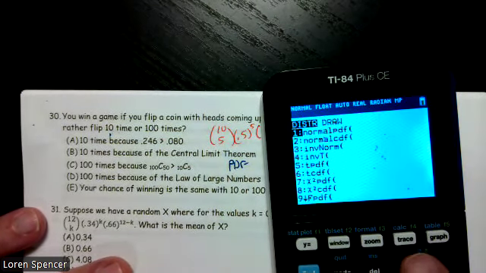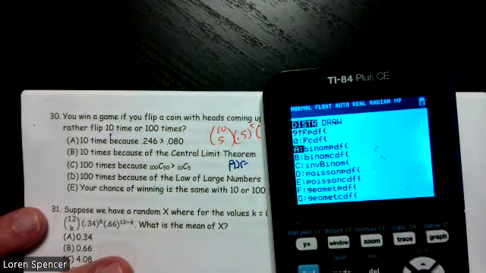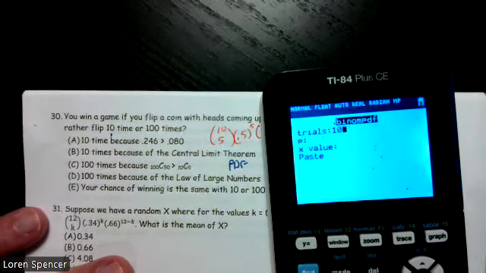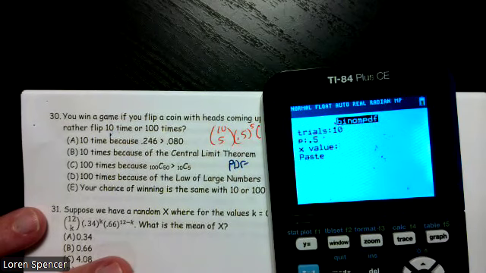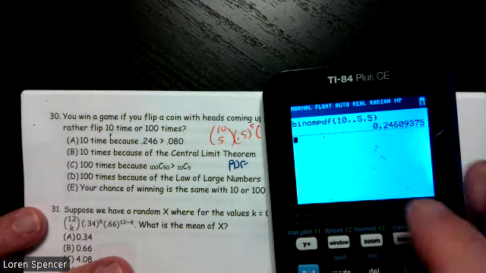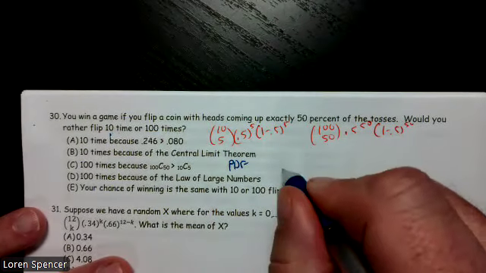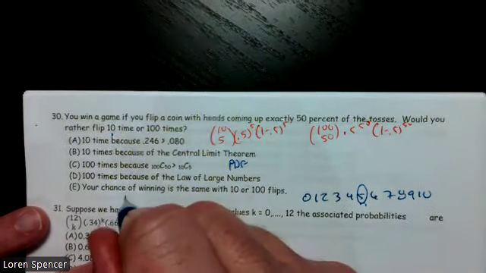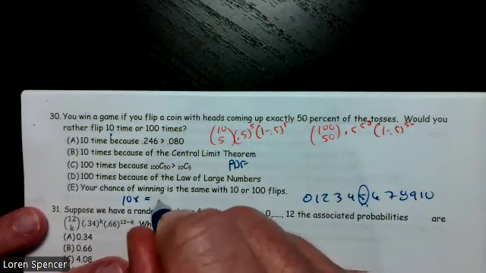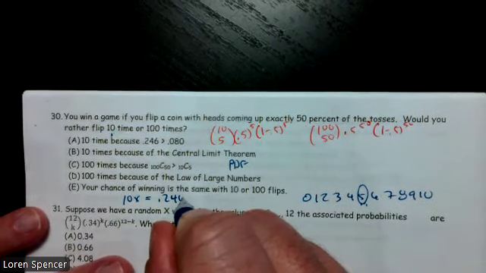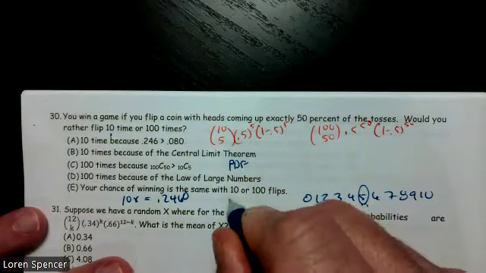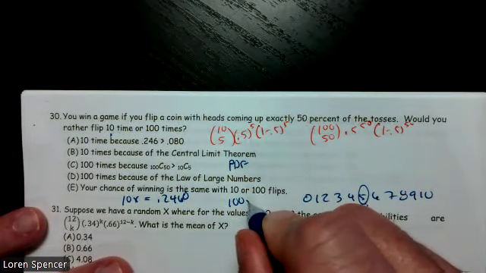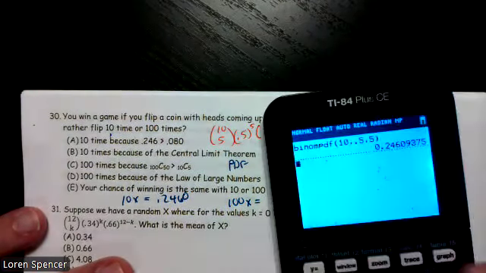Second vars, binomial PDF. Trials is 10, P is 0.5. X value, we have to have exactly 50%, so 5. So that's 0.246. So for 10 times equals 0.246. And then 100 times equals, let's do that one.